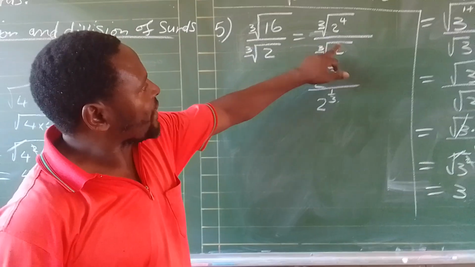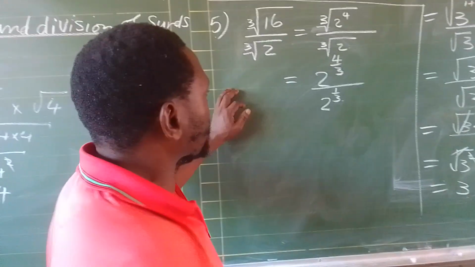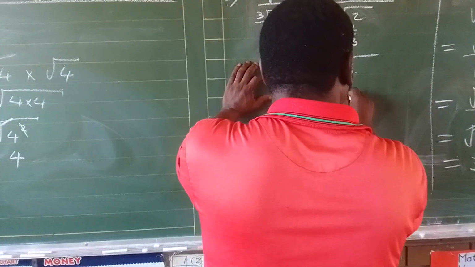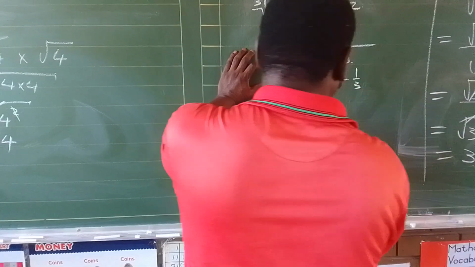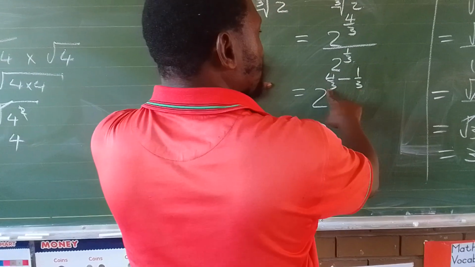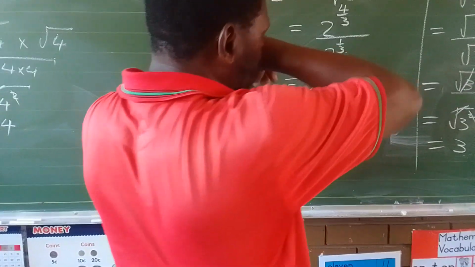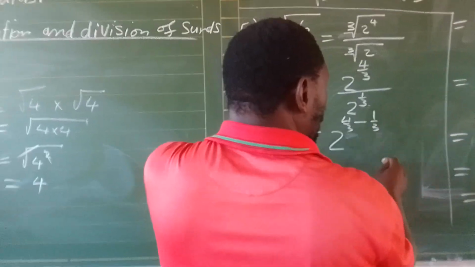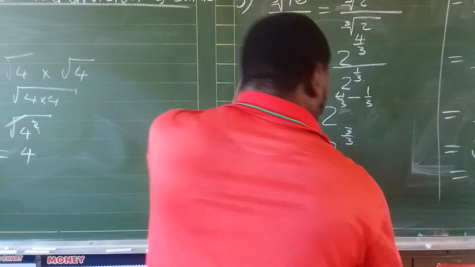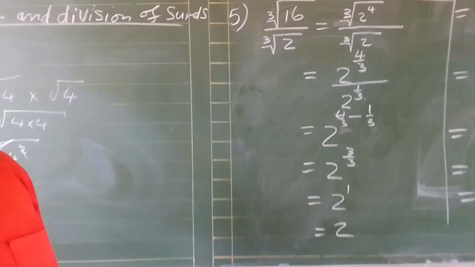Remember, this number comes at the denominator of the power. Now we have 2 to the power 4 over 3 minus 1 over 3, because the denominator is the same for the exponents. Now we can subtract the numerators. 4 minus 1 is 3 over 3. What is 3 over 3? It is 1. 2 to the power 1 is the same as 2. The answer of this one is 2.